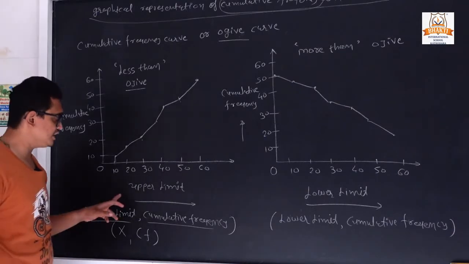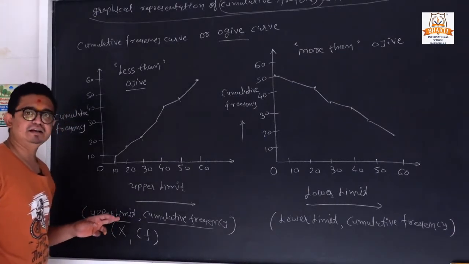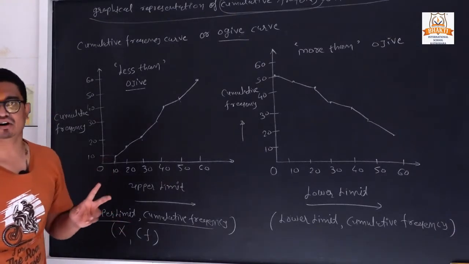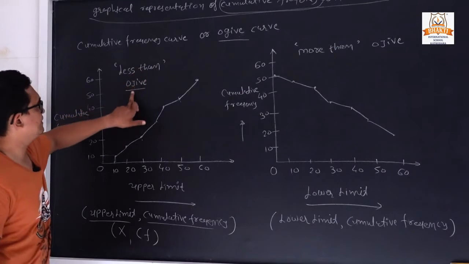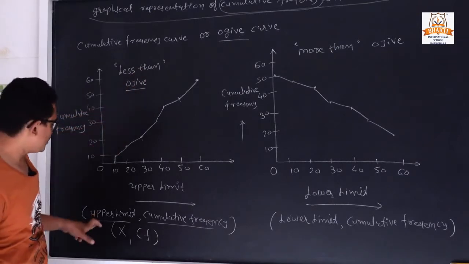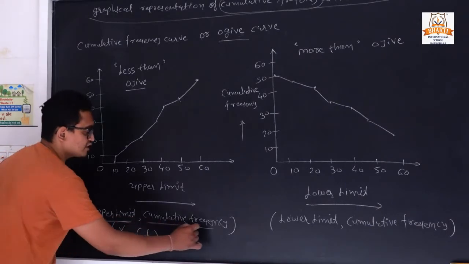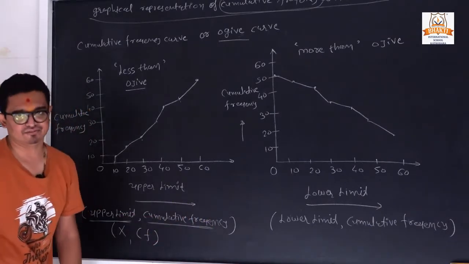So remember these two things: if an example asks you to draw the ogive curve of less than type, you need to plot the upper limit versus cumulative frequency graph.